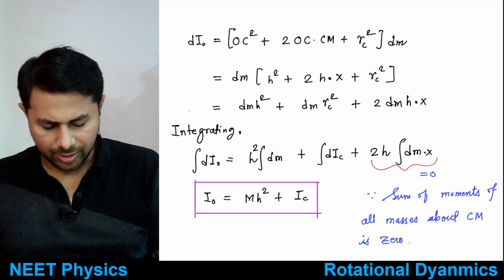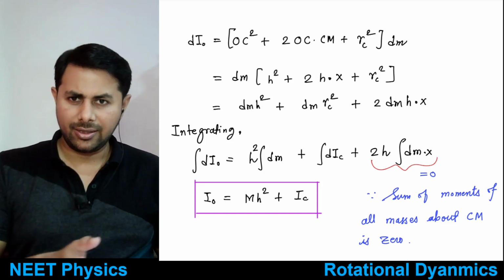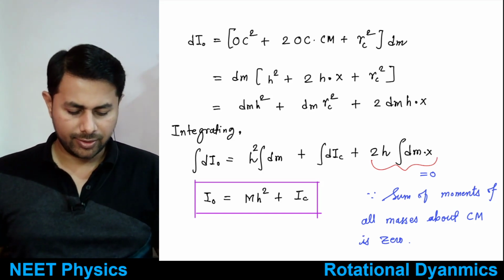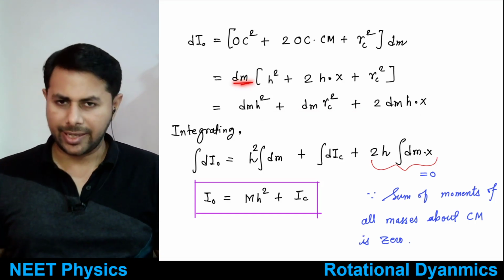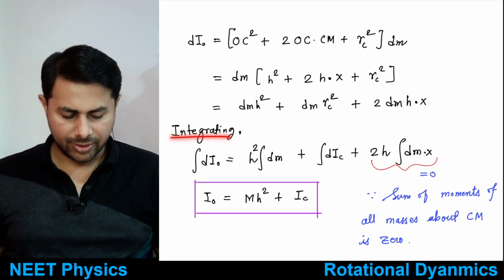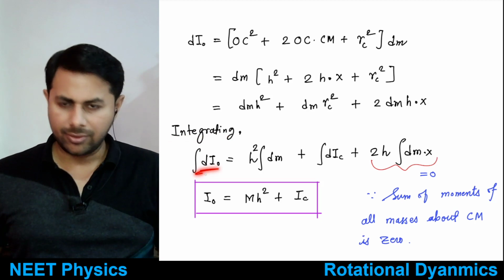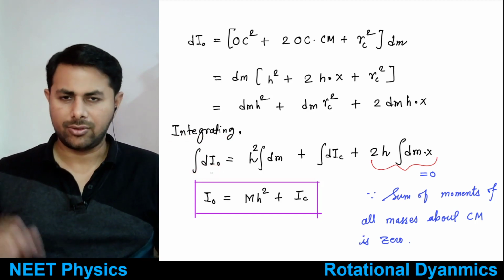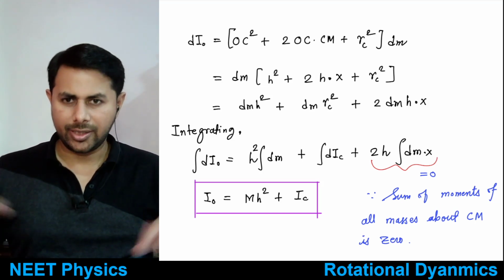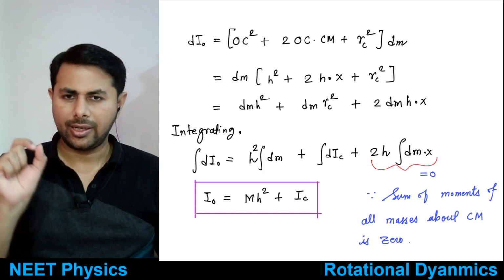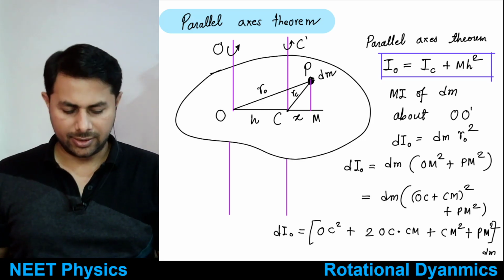Then this is the moment of inertia of the small mass, DIO. You integrate that over the complete body, then what do you get? So the integration of DIO would be the moment of inertia of the complete body about the axis passing through this point O, right?